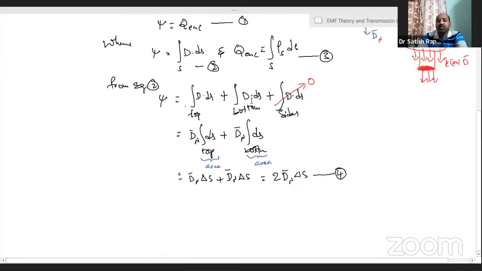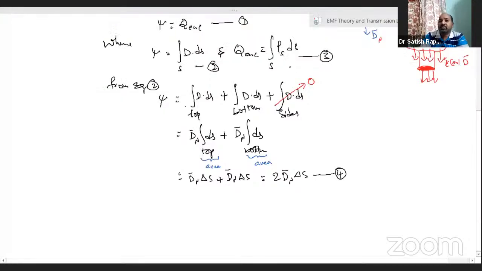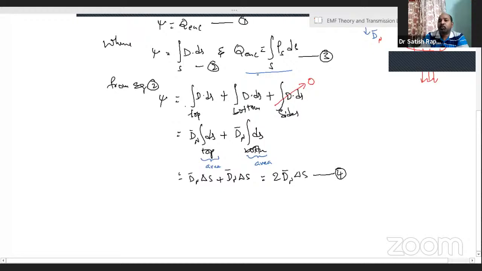Now similarly, from equation 3, this is Q enclosed.